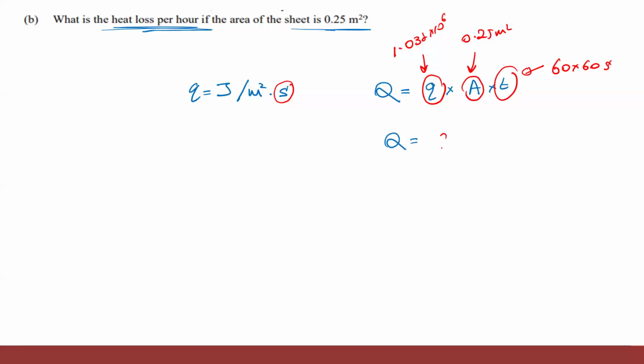Yes. 9.342 times 10 to the 8 joules. Do we all get that?